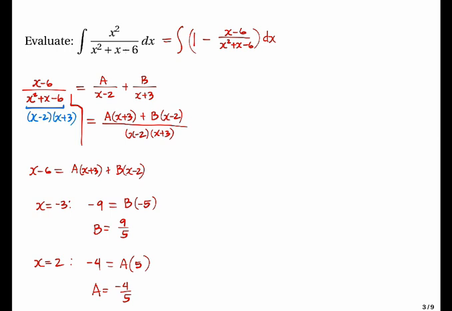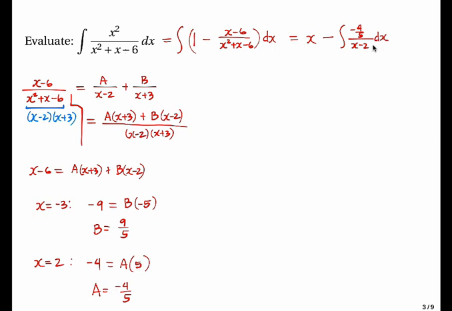Therefore, going back to the integral here, we have the integral of 1 dx, that's just x, then minus the integral of A over (x - 2). A is -4/5, so -4/5 divided by (x - 2).